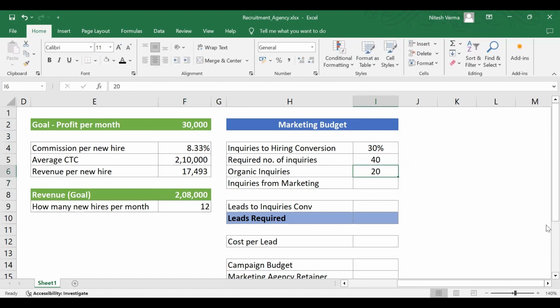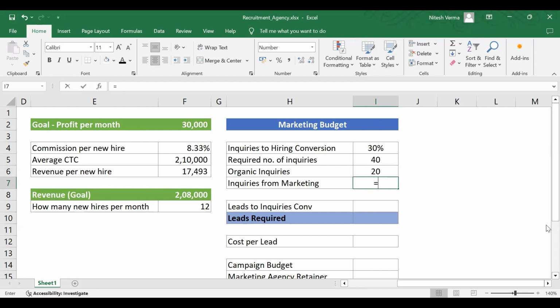Organic inquiries are those for which they do not have to spend on marketing, like inquiries from repeat clients, personal connections, or clients directly calling via the Google My Business profile, LinkedIn or WhatsApp. So they get 20 inquiries without spending on marketing, and for the balance they need to spend on marketing.